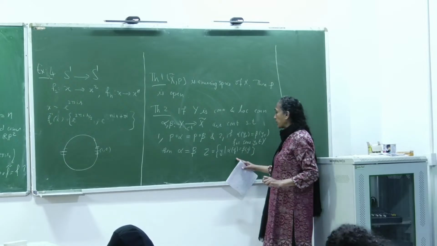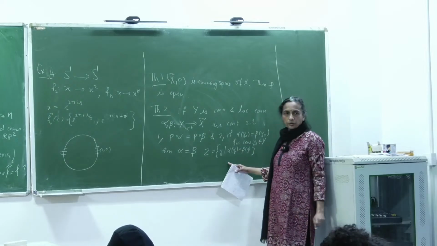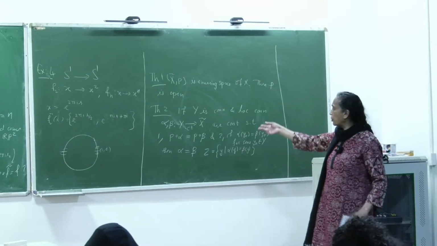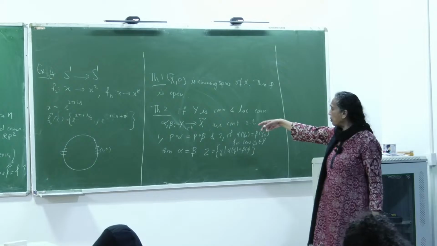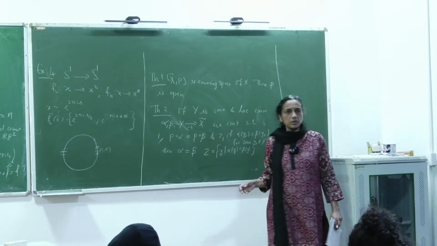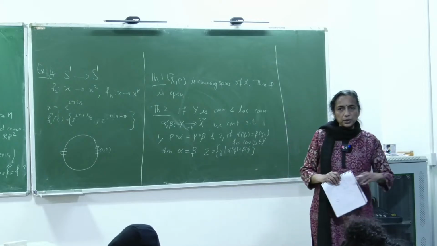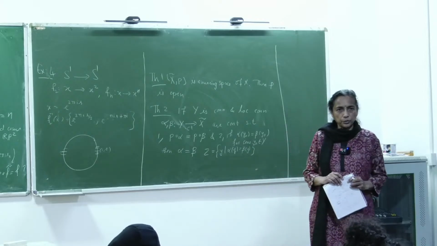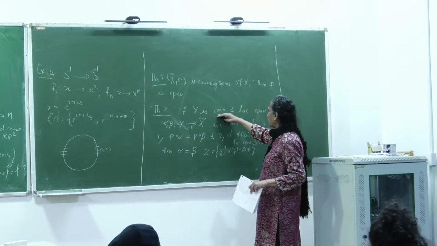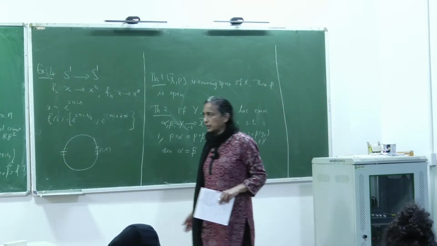This is a non-empty subset because y0 belongs to Z. Then you show it's open and closed. For open you use local connectedness, for closed you use, and of course you have to use properties of p, which is the way the map has admissible neighborhoods. And once you have an open and closed set in a connected set, it has to be the whole, right?